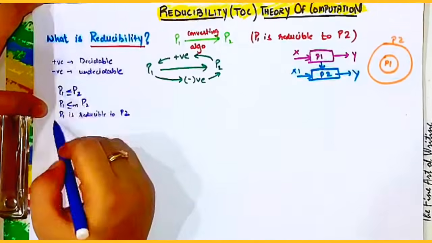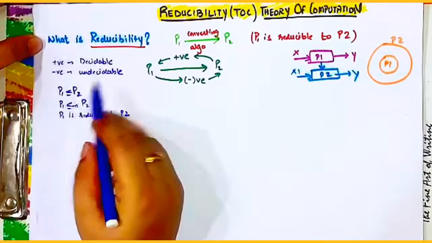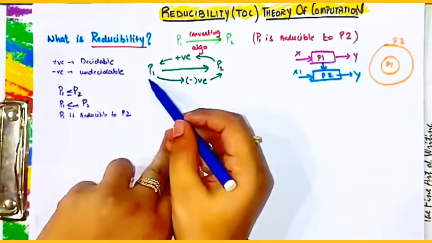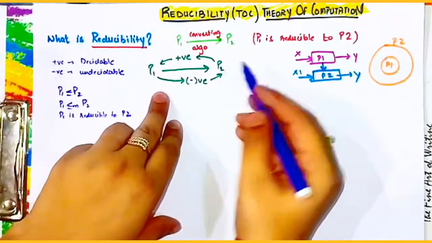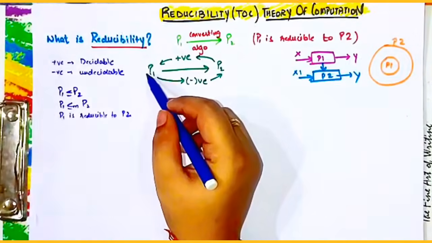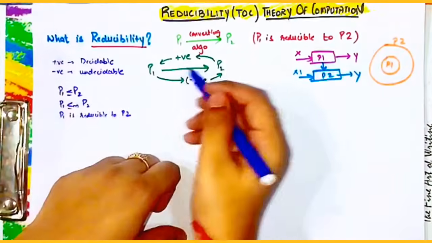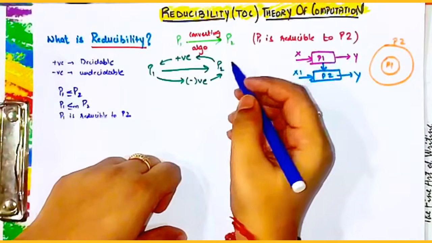All of the representations mean the same, that P1 is reducible to P2, means we have some algorithm by which we can convert P1 into P2, or by which all the inputs which we are passing to P1 are modified in such a way that when it is given to P2 it will generate the same output.